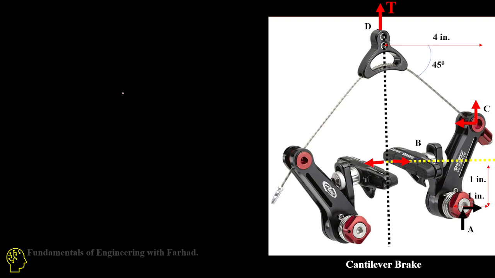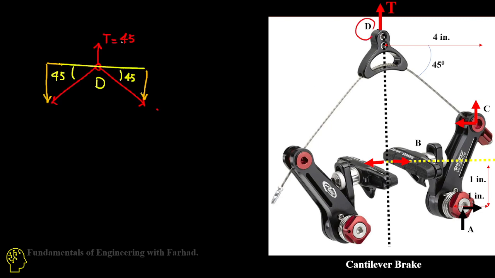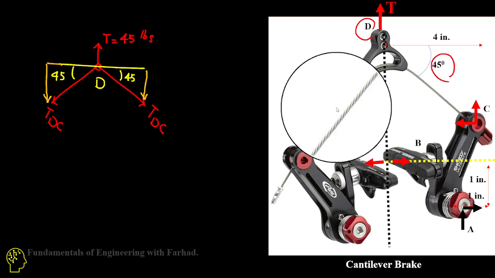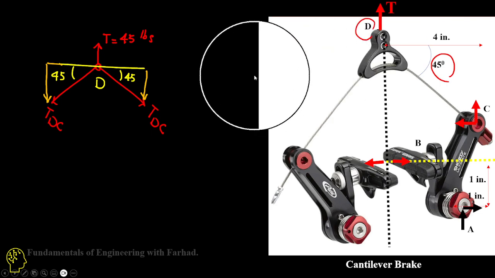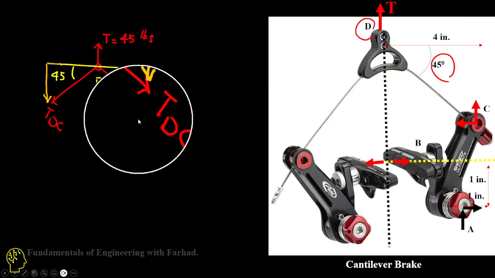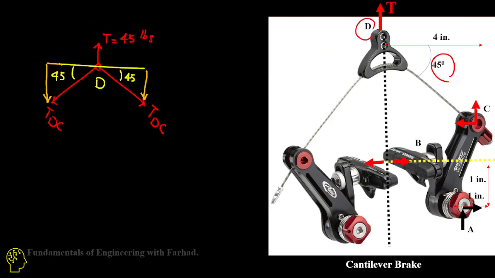If you look at the connection at D, we have a tensile force pulling upward of 45 pounds, and this angle is provided to be 45 degrees. We have two forces, which we can both call TDC because they are identical due to the symmetry of the structure.